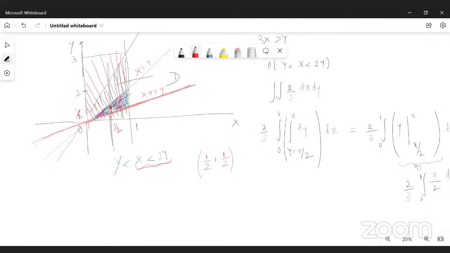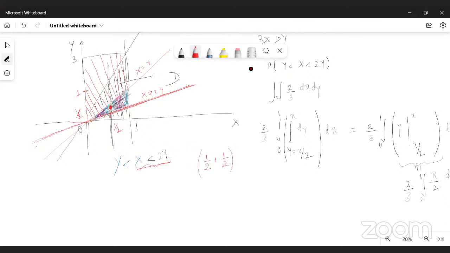If I consider equality, x equal to 2y, and take x equal to half, then my y will be 1/4. Then that will be this point.